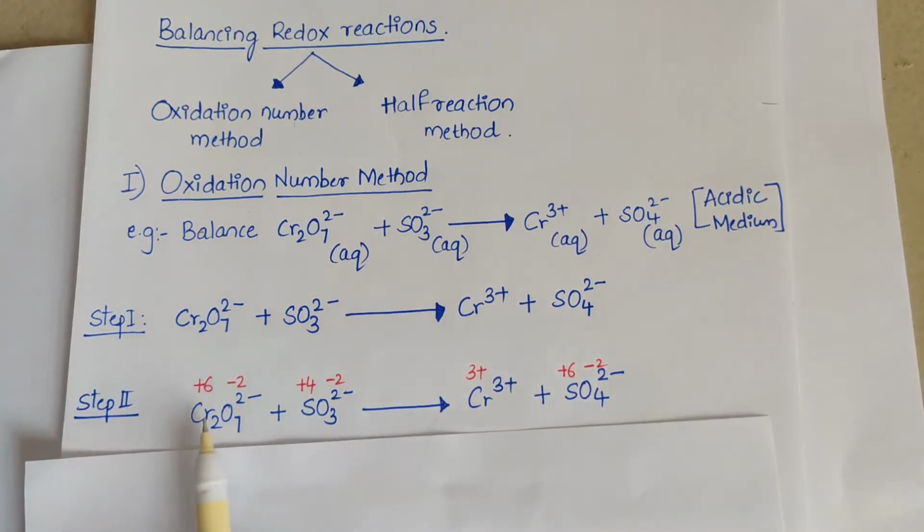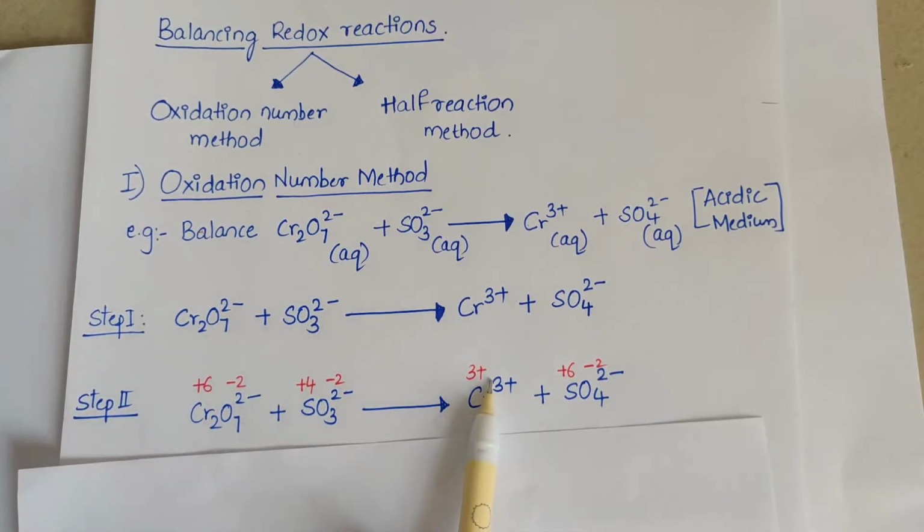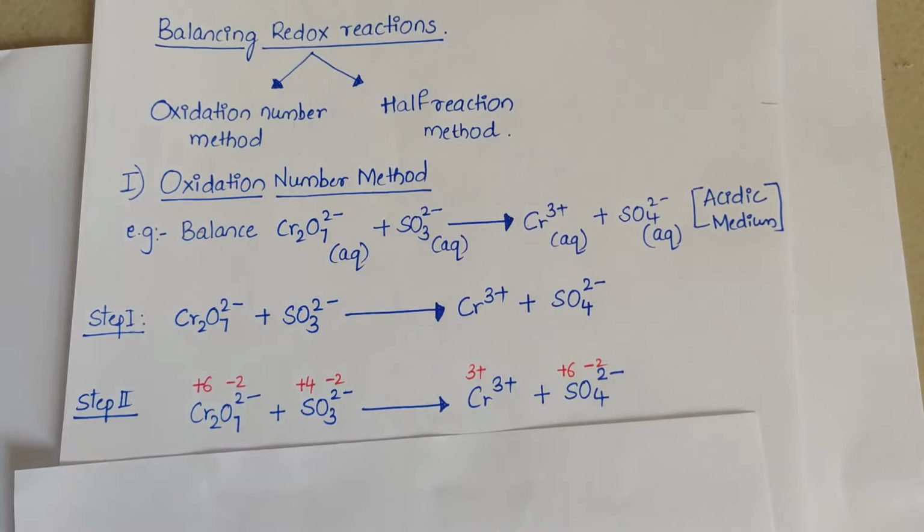After you write the oxidation states of each element, you find out which is undergoing oxidation and which is undergoing reduction. Here chromium is in +6 oxidation state and changes to +3. How do you define oxidation and reduction in terms of oxidation number?